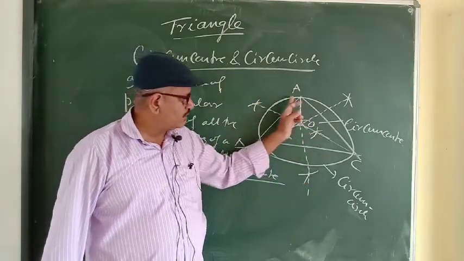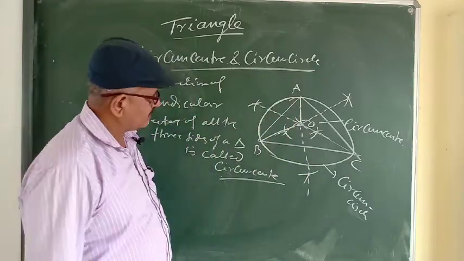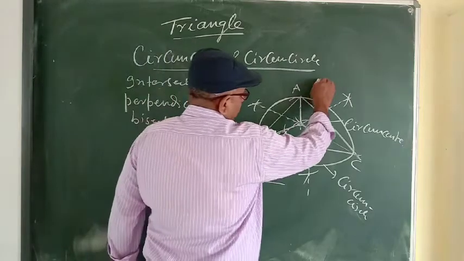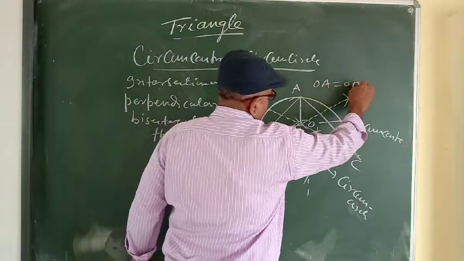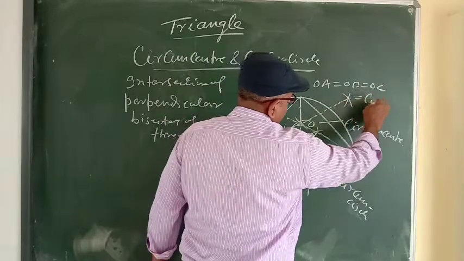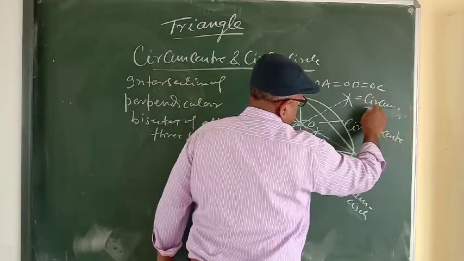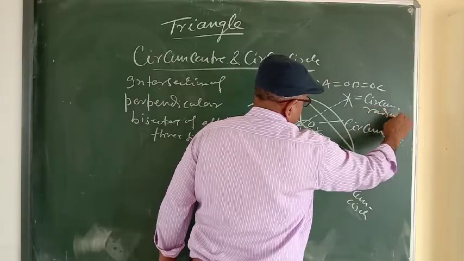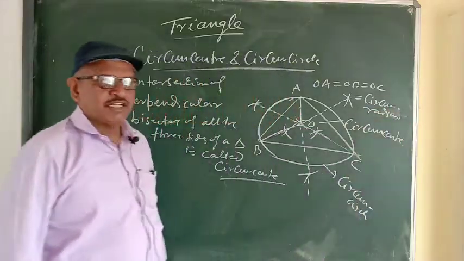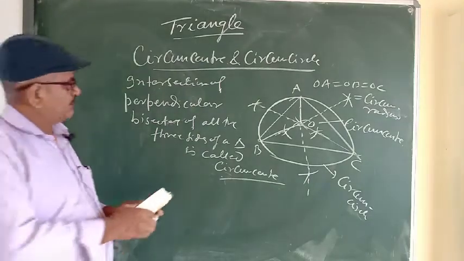It will pass through the points A, B, C, which is known as circumcircle. So here OA, OB is equal to OC. It is the circumradius, the radius of the circumcircle. So in this way we can draw the circumcircle.